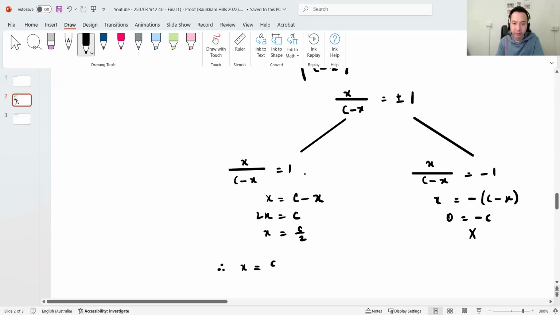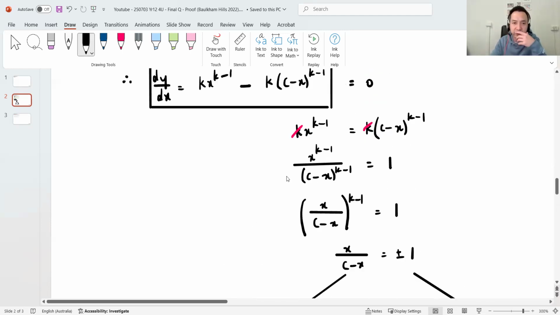So therefore, x equals c on 2 is the singular stationary point. Actually, technically, they ask me to find a point, in which case I probably need a y value.